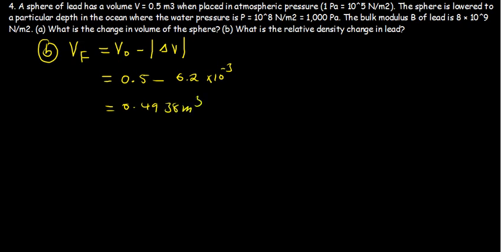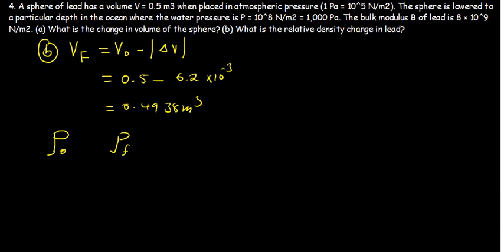Okay. Now, we know that we want to find the relative density change. First, we need to find the density. Let me put an initial there. Of course, this shouldn't be P actually, it should be rho, meaning density. So let this be the initial density, and let this one be the final density.